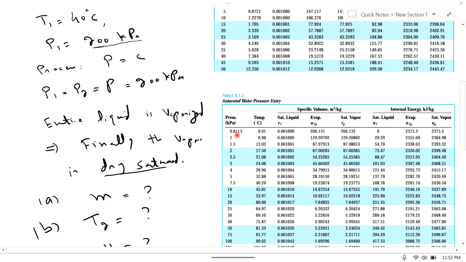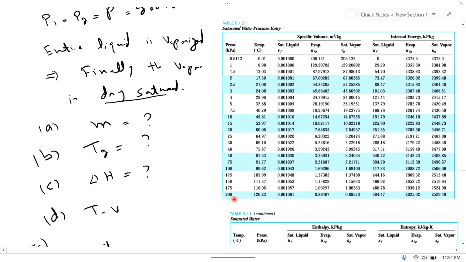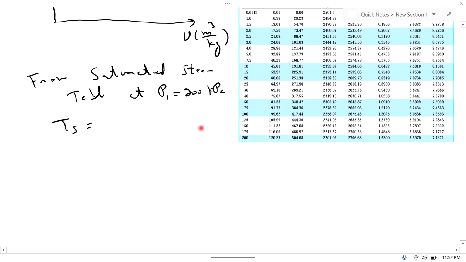This is pressure, and this is 200 kilopascal pressure. So at 200 kilopascal pressure, saturation temperature is 120.23 degrees centigrade, and the temperature given to us, T1 is 40 degrees centigrade, is less than Ts.